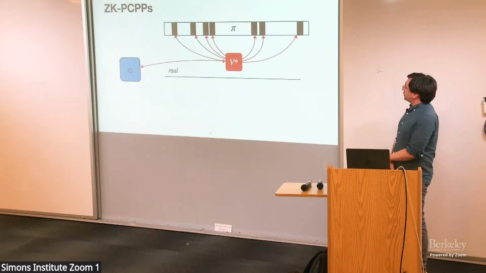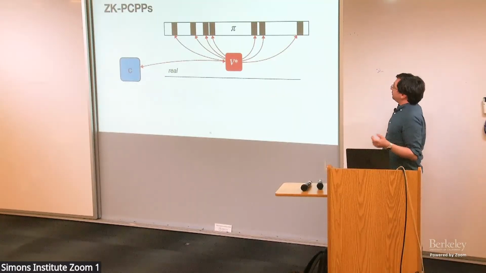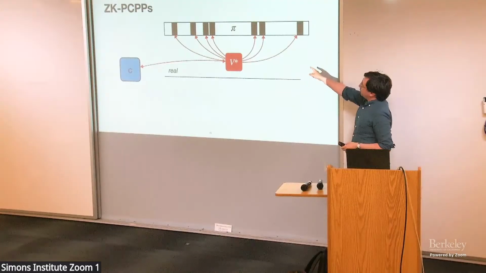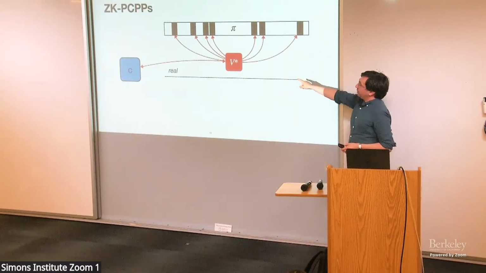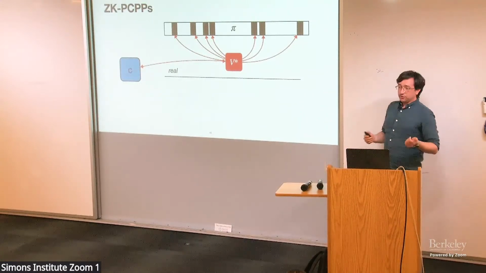What about a zero-knowledge PCPP? Just like in a zero-knowledge PCP, we have a verifier that is making queries to the proof, but now this verifier can make queries to C as well. What is the zero-knowledge property we want?